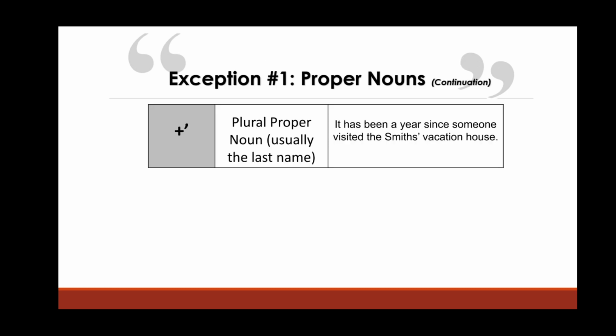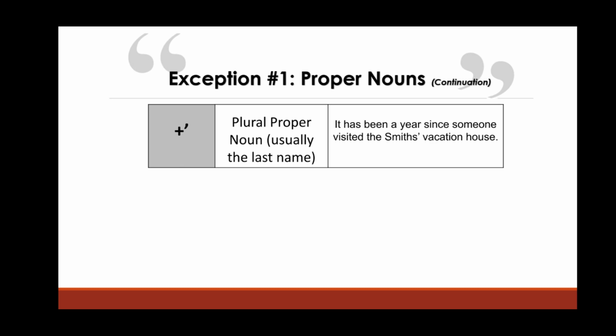Now, this is not an exception but more of a special case under proper noun. Minsan kasi yung mga proper noun, particularly family names or last names, pwede sila maging plural. Take this example. It has been a year since someone visited the Smiths' vacation house. Smith is the last name. Ngayon, bakit Smiths' apostrophe?